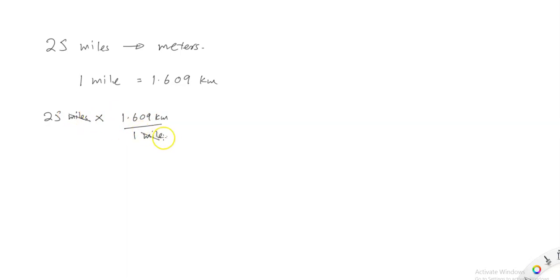Miles and mile cancel out, leaving 25 times 1.609 kilometers, which equals, so I'm going to use the calculator here real quick, 40.225 kilometers.